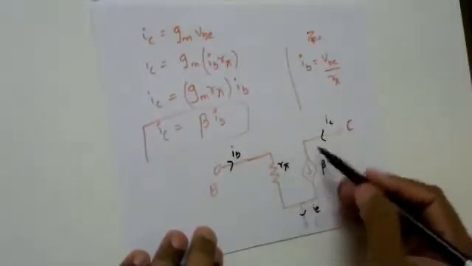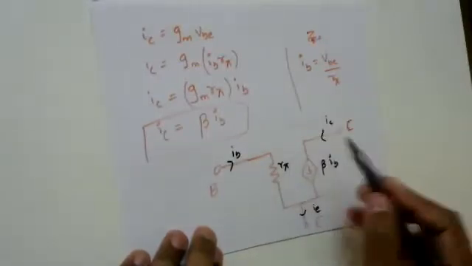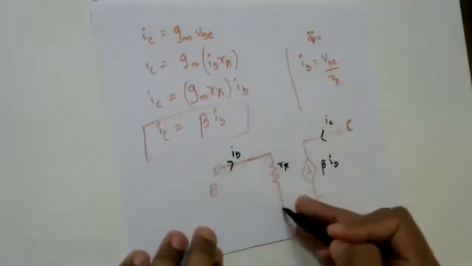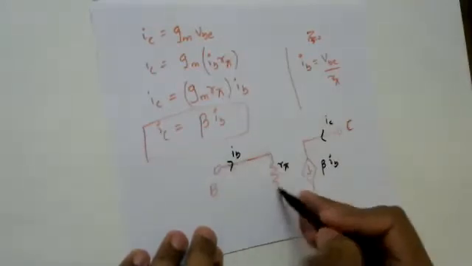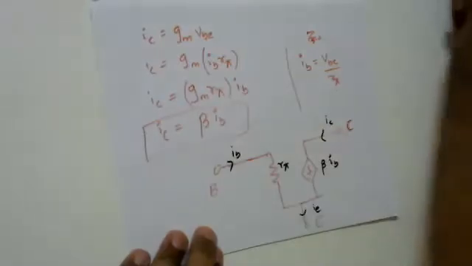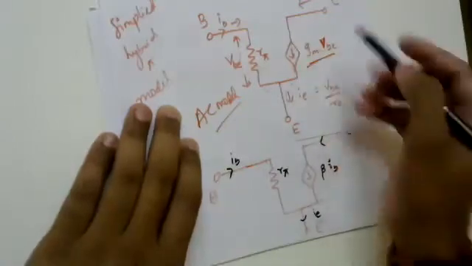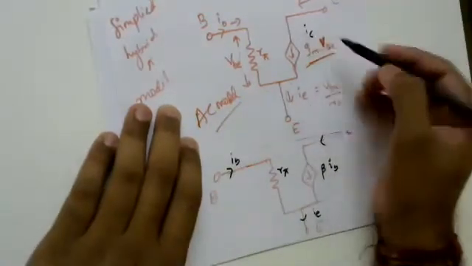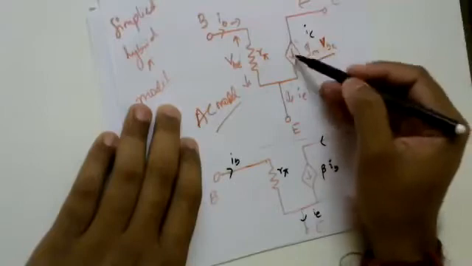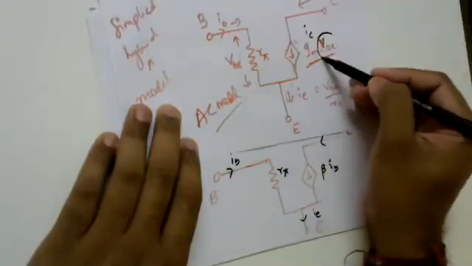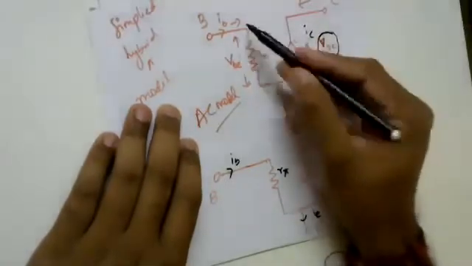So now this source is dependent on the current flowing through this branch. Whereas in the previous circuit, this source IC was dependent on the voltage drop across this resistor.